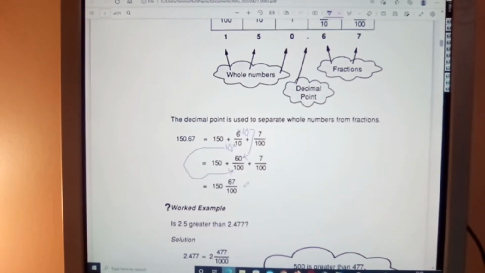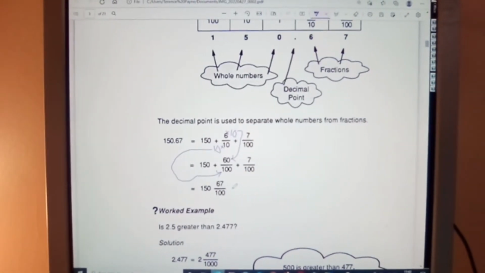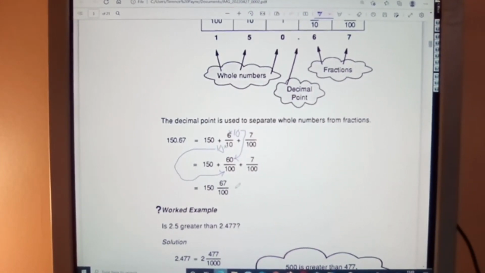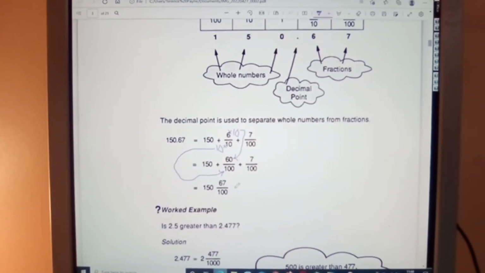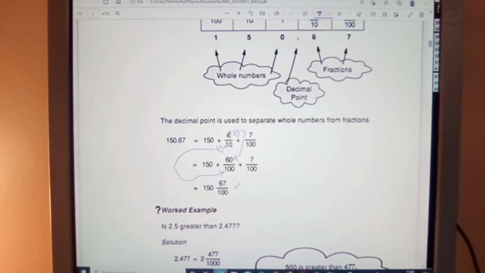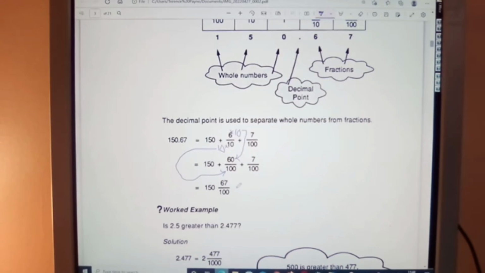To reduce further, we use the term simplify, okay?